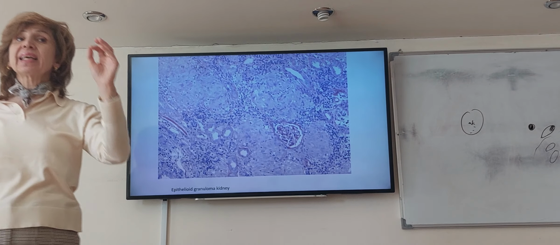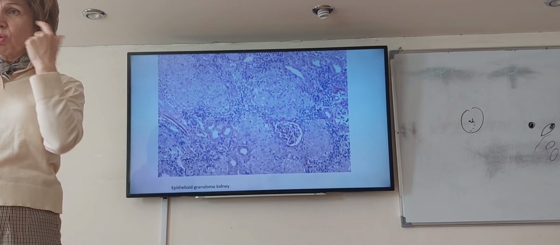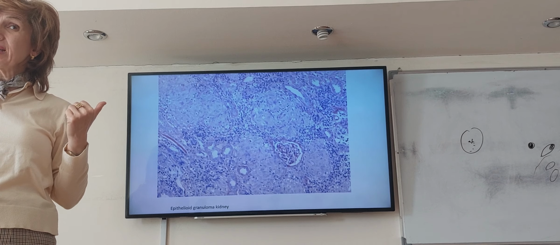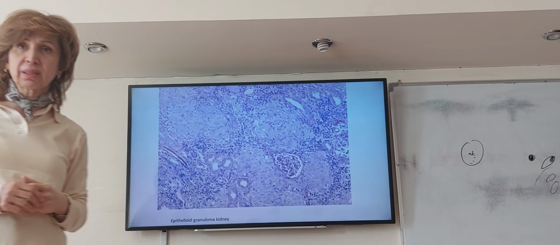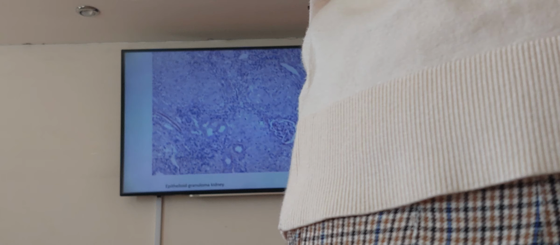Remember, what is caseous necrosis? With your eyes, it's cheese-like, white, friable. Microscopically, it will be granular. Why am I telling this? Because I want you to differentiate between caseous necrosis and coagulative necrosis.